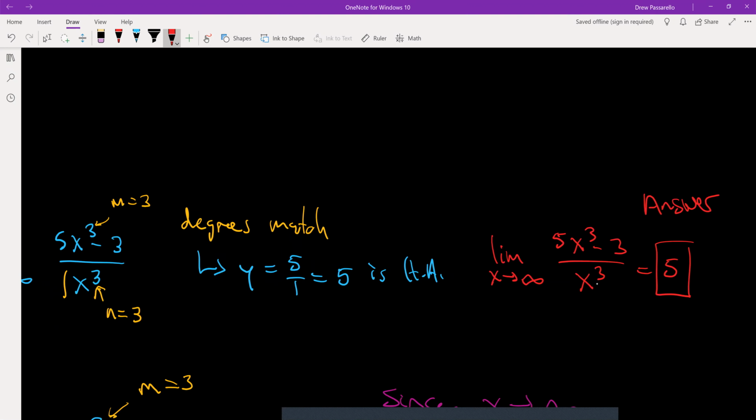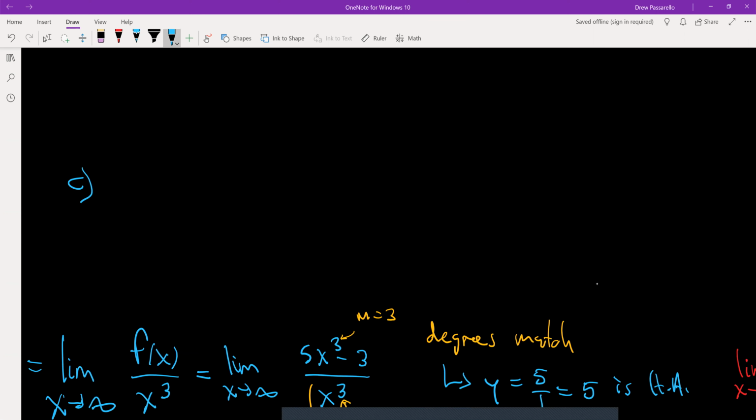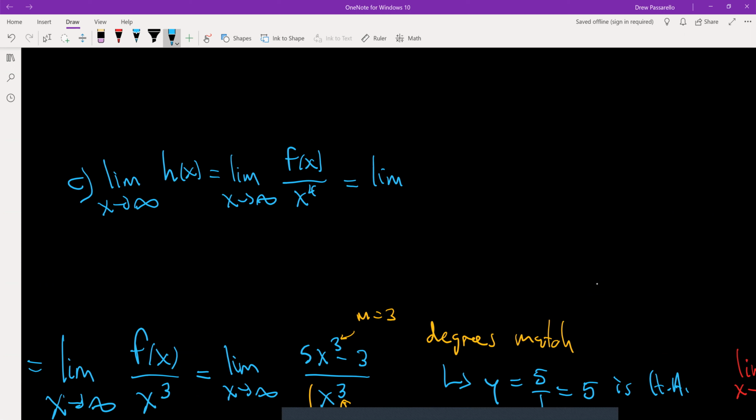Now part C, instead of dividing by x cubed, you'd be dividing by x to the 4th power. Okay, so 5x cubed minus 3 divided by x to the 4th.